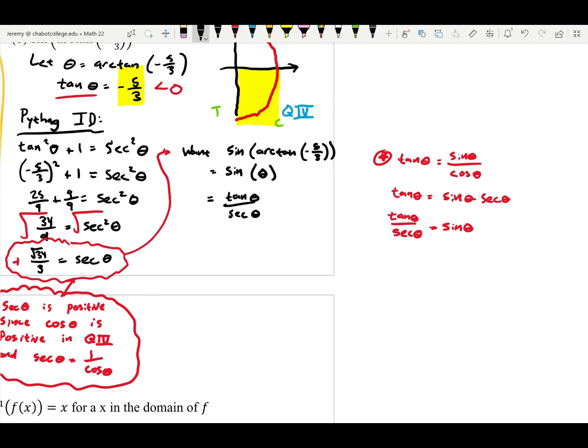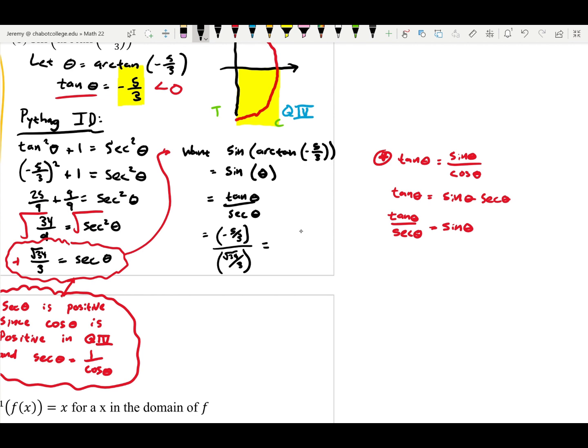Okay, and now I know that tangent of theta is negative 5/3, divided by secant of theta, which is positive root 34 over 3. And we've got this fraction inside of a fraction thing.